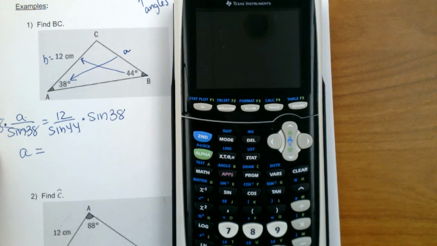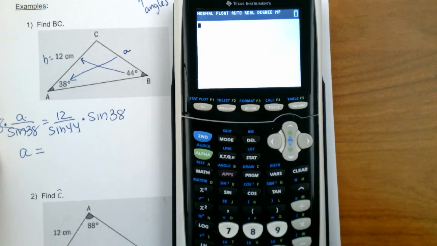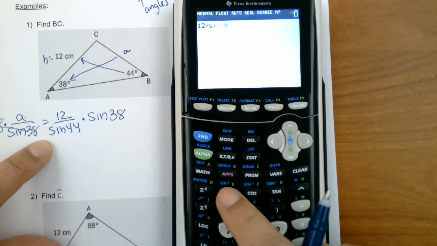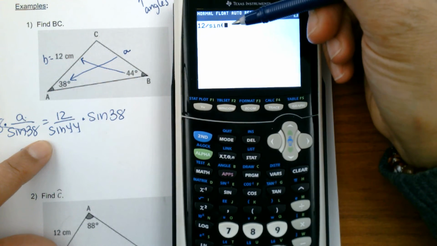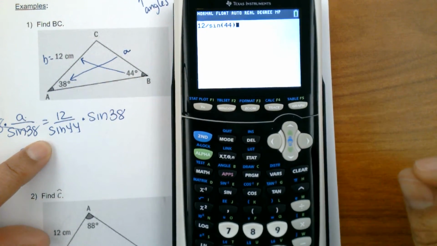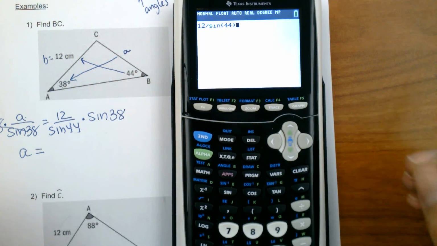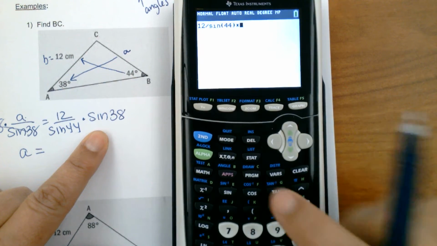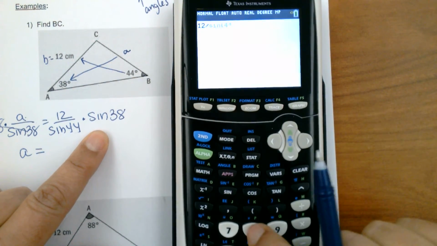Now here's the important part with our calculator. Clear all that out. We're going to put in 12. Then we push the division symbol. Then we put sine, and notice how my parentheses open up. 44. You have got to, I repeat, you have got to close those parentheses. Then we can do multiplication times sine of 38.